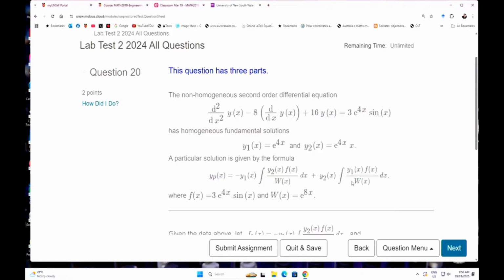So you don't need to worry about remembering the formula. I think it'll be given to you, and it's more about applying it and knowing that it really is a genuine solution.